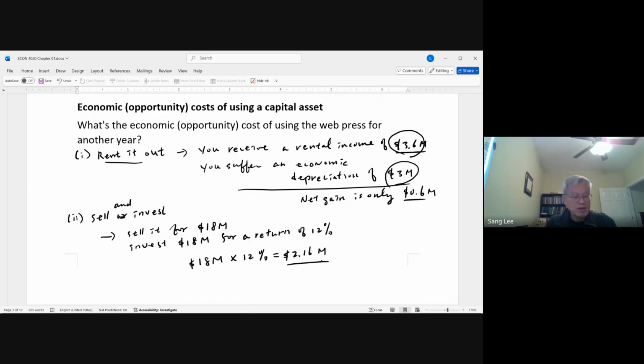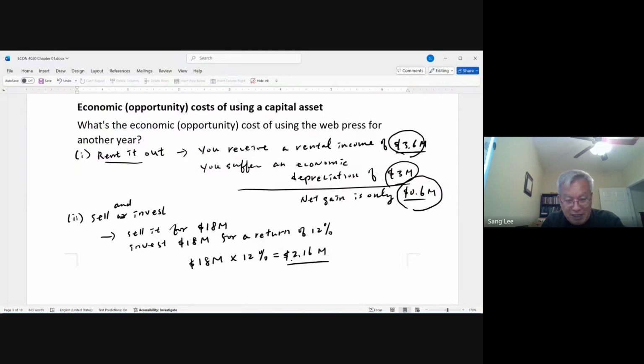So now, if you continue to use this web press machine for another year, can you beat how much profit you get from renting it out?